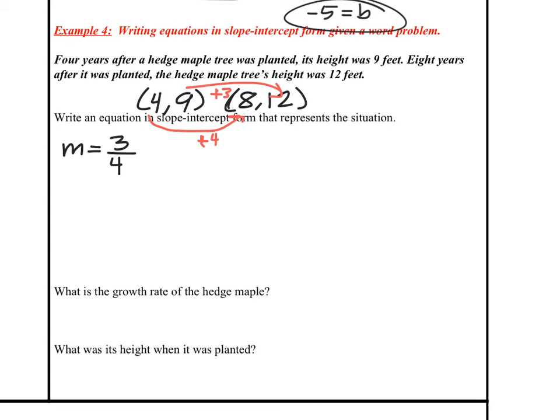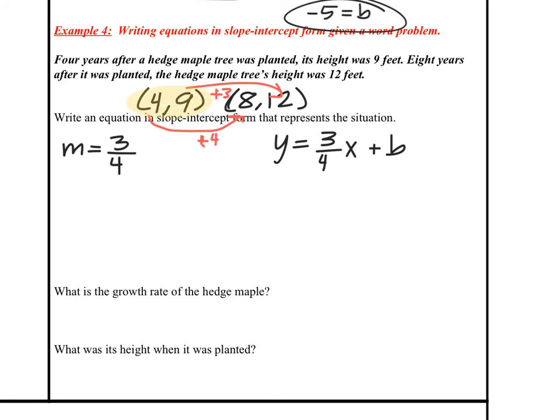Okay, so now we write that in an equation. Y equals 3/4 x plus b. And we're going to plug in a point. Again, doesn't matter which one you choose. This time I'll use 4, 9.